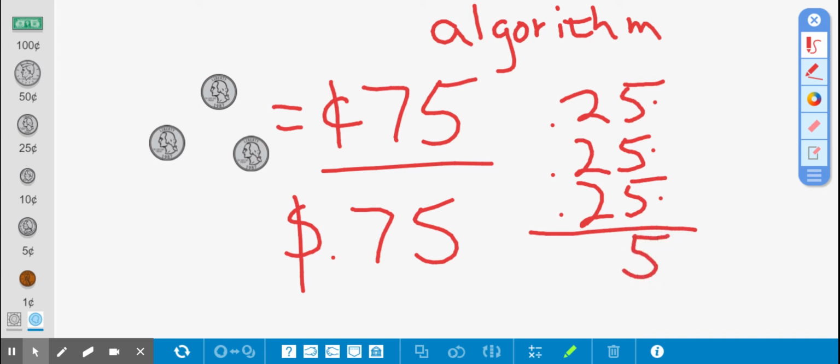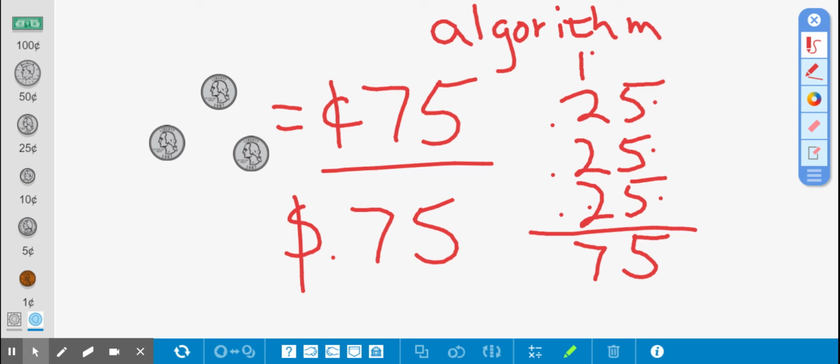I get a 5 here. 15 is bigger than 9, so now I'm going to take that tens place, the 1 from the 15, carry it up here, because now that carries over. 3 nickels would be 15 cents, so I can't put that all in the hundredths, so now I have 1/10 plus all these 2/10. So I have 1/10 plus 2/10 is 3/10 plus 2 more tenths is 5/10 plus 2 more tenths is 7/10. So 1 plus 2 plus 2 plus 2 is 7.